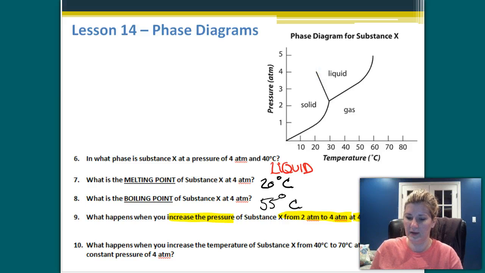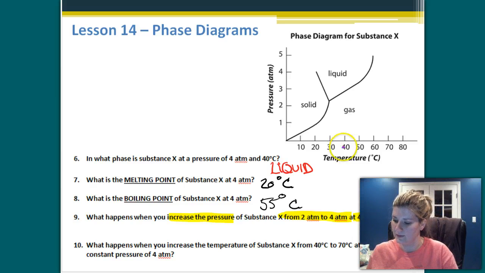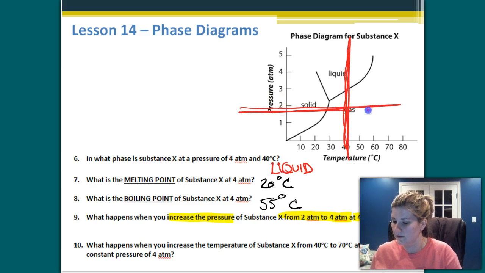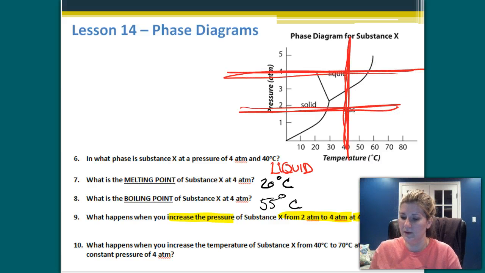Okay, we had 40 degrees C, so I'm going to draw my squiggly line up from 2 atm to 4 atm. What happens? Well, this is what happened. We went up, right? From this point to this point.